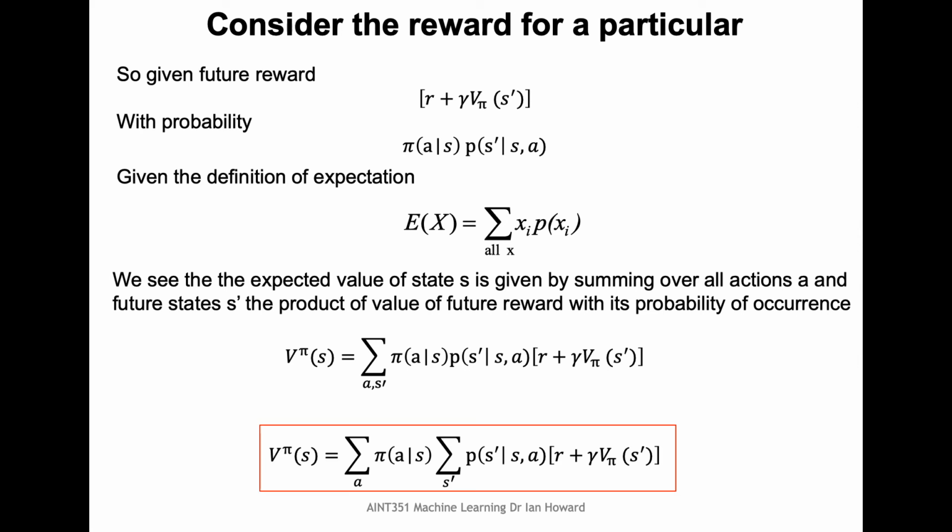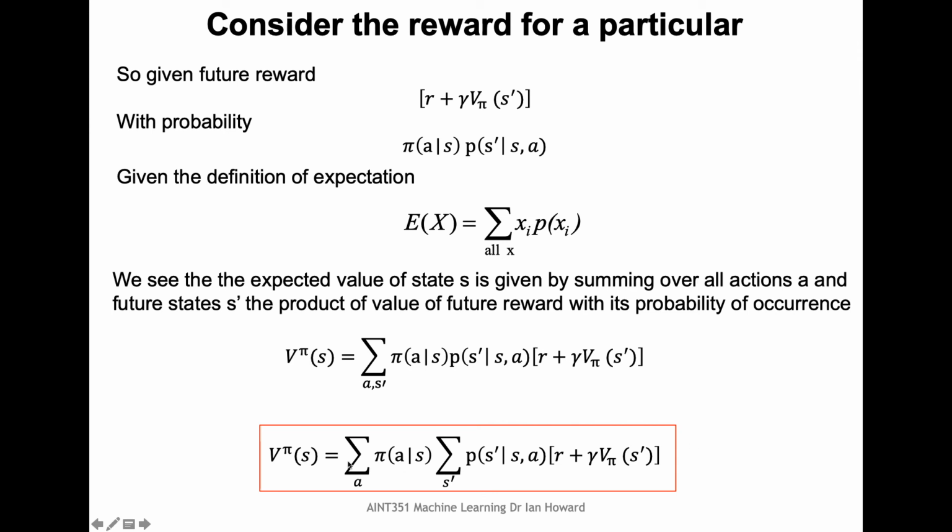So if we split the sum up, we're just summing across the actions, and we only need the term with the policy in there, because it has the action at the front of it, so it's action given state. Then in the second part, we sum across the transition probability.